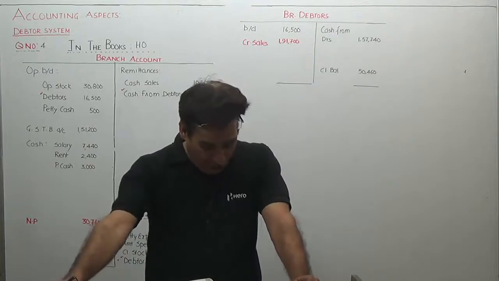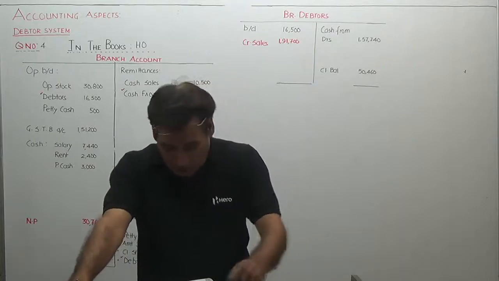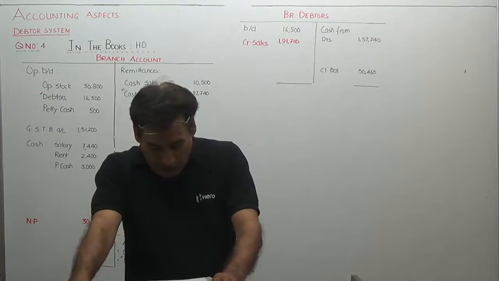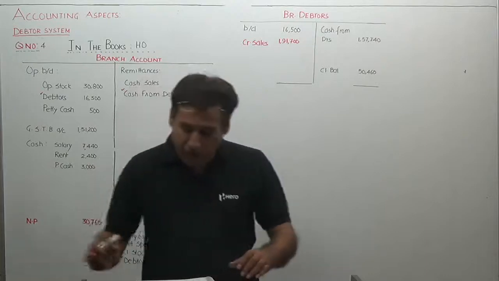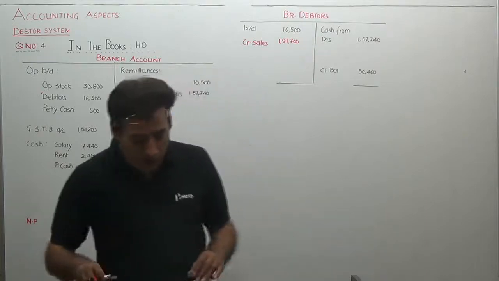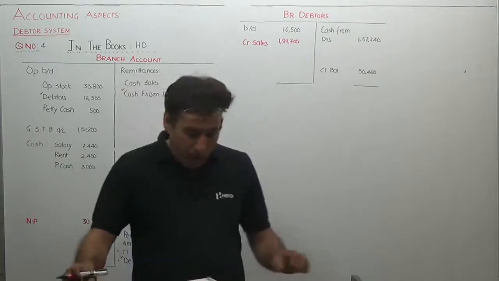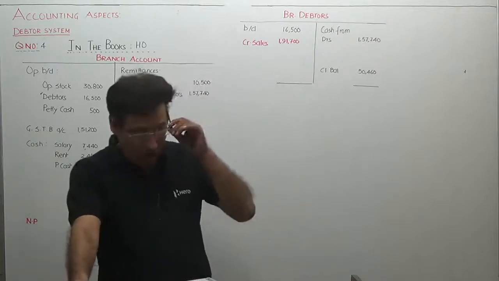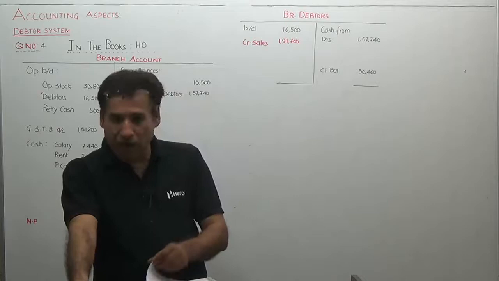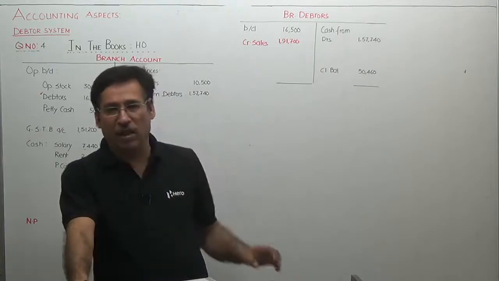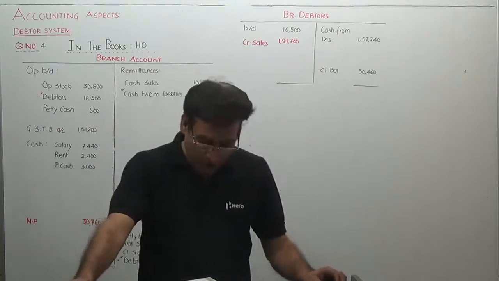You can manage question number 12 also, though question number 12 is not very tough. In fact, you can manage it very well. It should not give you any trouble. I'm quite hopeful about that.